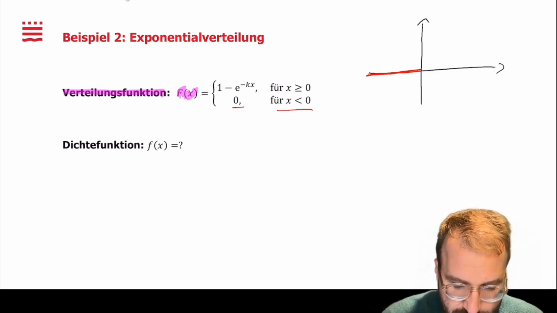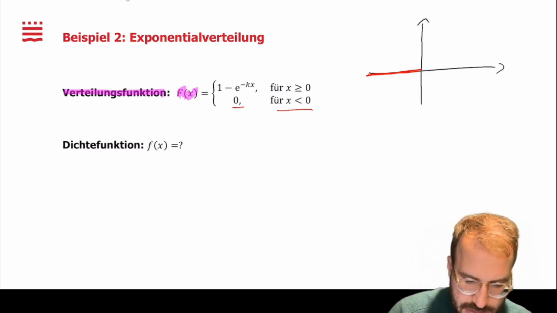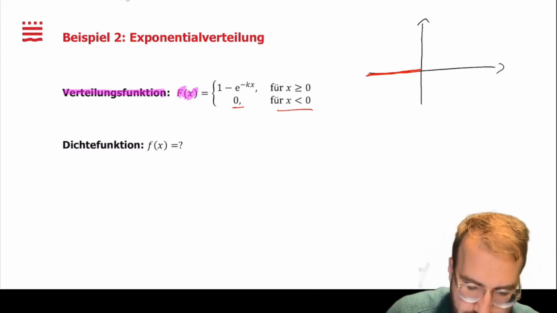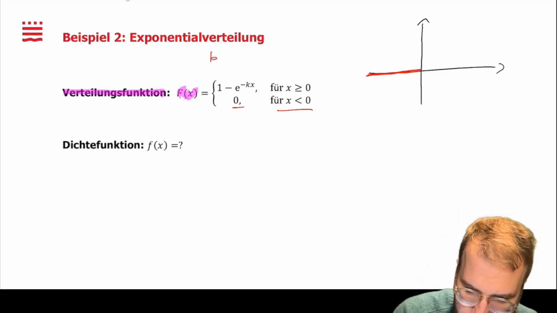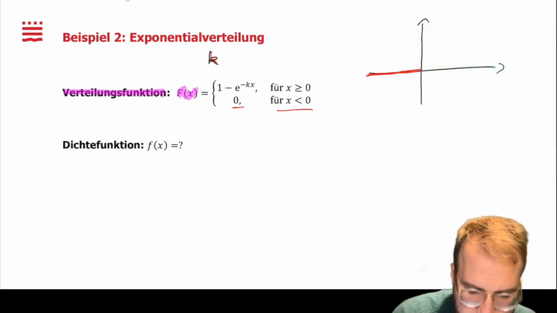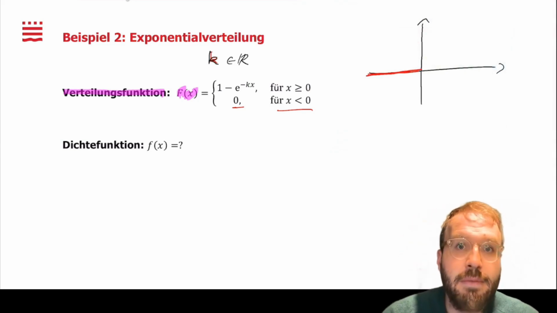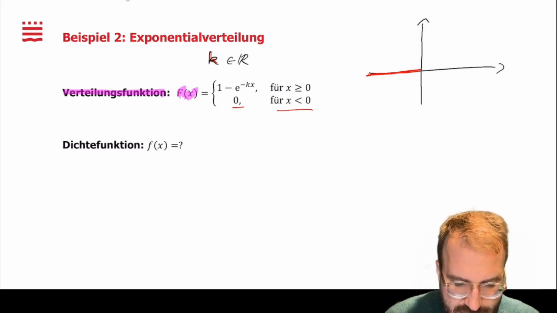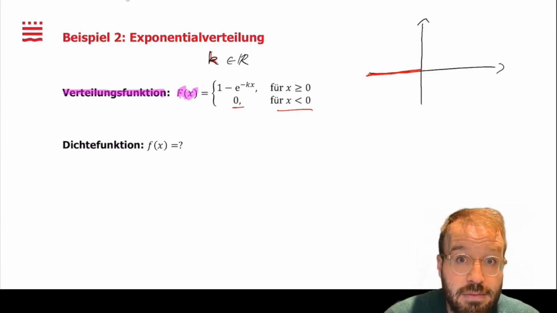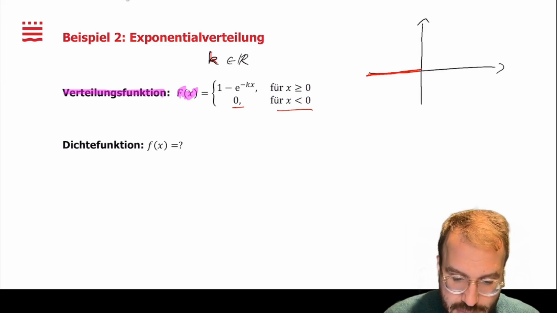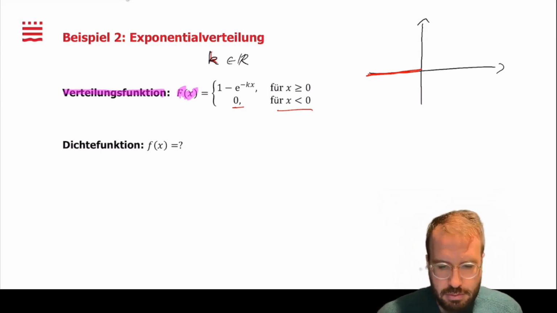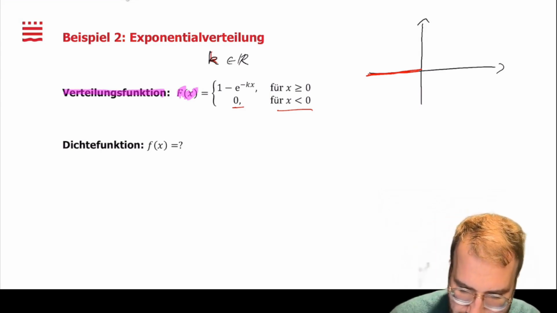So, as x approaches positive infinity, let's take a look at this term here, which is 1 minus e raised to the power of minus kx. By the way, k is a real number. Let's, for instance, envision it as a positive one. So, once again, when x approaches infinity, e raised to the power of minus kx approaches 0, and 1 minus 0 approaches 1.